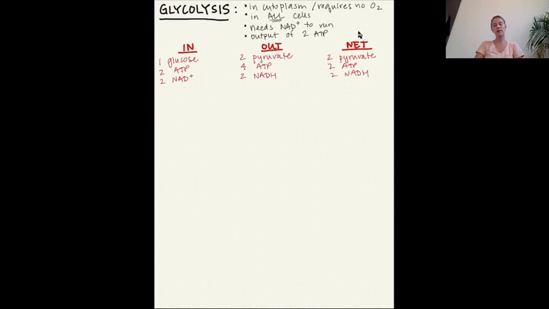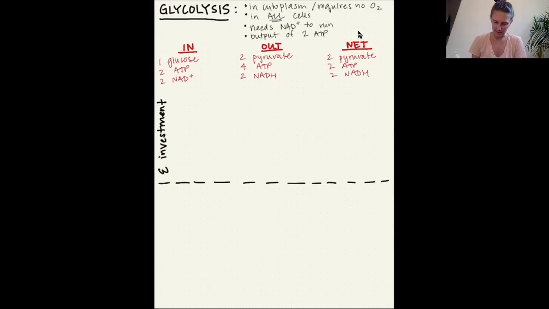All right, so glycolysis is unique. It happens in the cytoplasm, no oxygen necessary, but it occurs in these 2 different phases, all right? I'm just going to draw a dotted line to represent these 2 different phases of glycolysis. The first phase is called the energy investment phase, where we have to input energy.